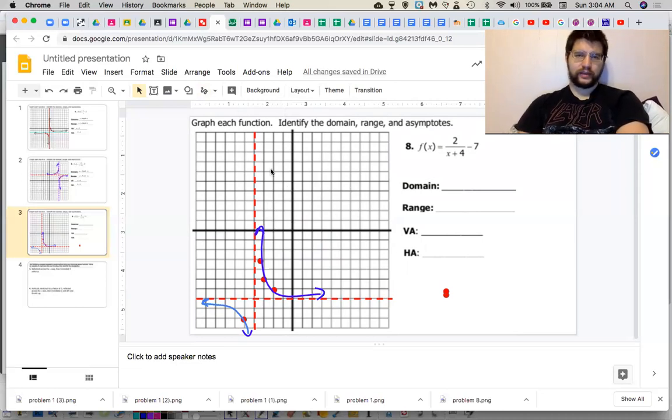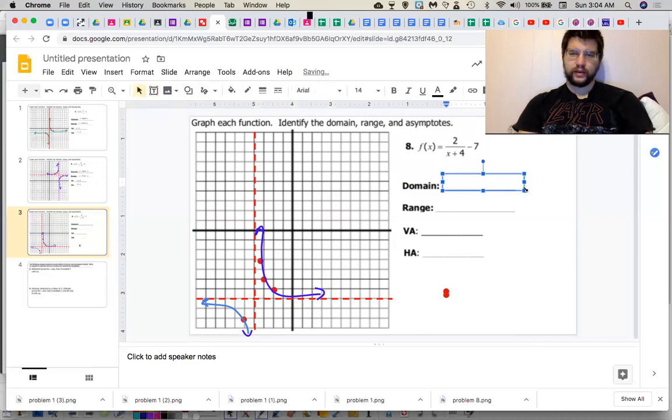And then we need a domain, range, vertical, and horizontal asymptotes. I'll probably write that after this video. Let's look at it. All right, here's my vertical asymptote at -4. That's where it breaks up.